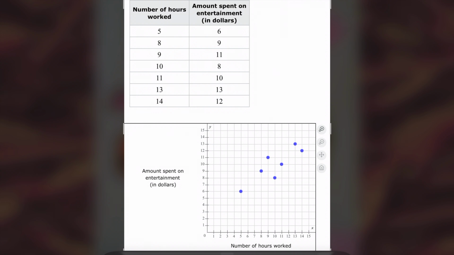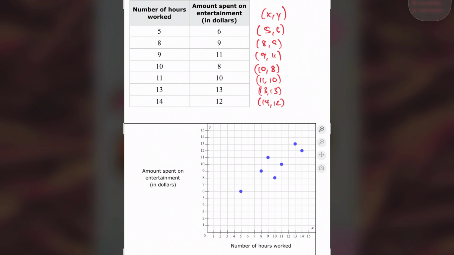So we are going to look at the line that goes through these and say, okay, these have a positive association because they're going up from left to right. And that's where we're getting to. But these are just points that they give you, so let me write these real quick. And of course, x is first, y is second.